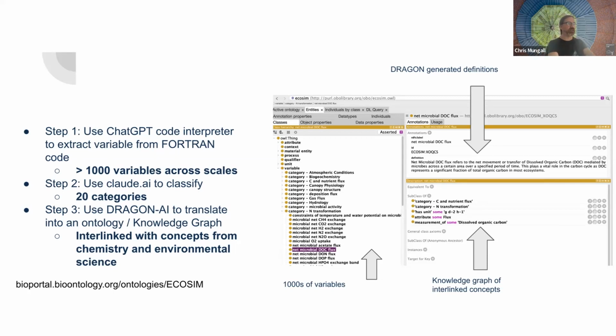And then working with those examples, we let it run over all the variables. We did a second round of curation and then ran it again, but from really quite a small handful of exemplars, we were able to generate this whole ontology with over 1,000 different terms that we are linking to existing OBO ontologies.